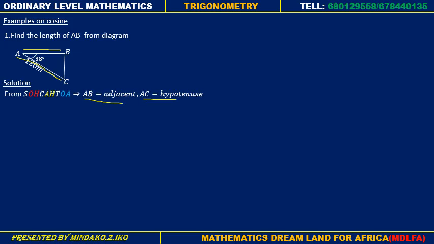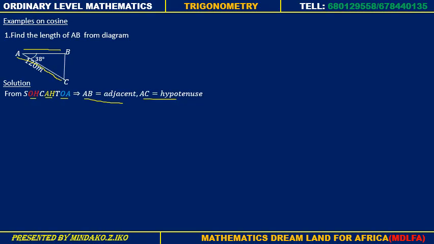Now since we are dealing with adjacent and hypotenuse, from SOHCAHTOA, S is talking about opposite and hypotenuse, C is talking about adjacent and hypotenuse, and T is talking about opposite over adjacent.